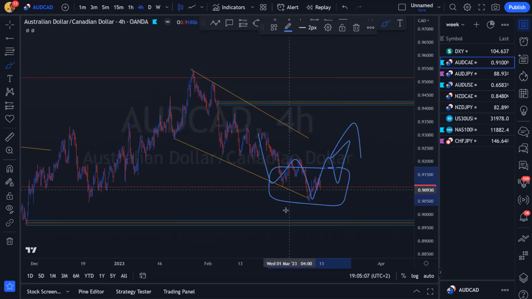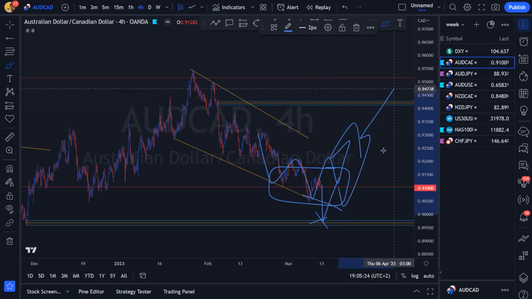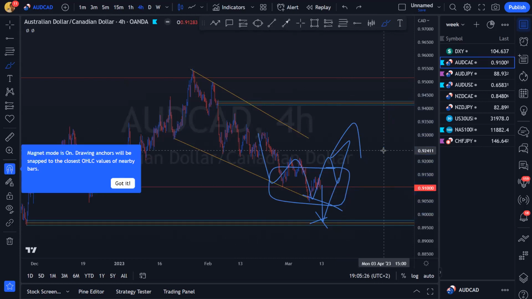We're still inside this corrective structure. Everything is still good. Otherwise, if we do break down, then this is the next POI that we are looking for our long trading opportunities. And from here, we're expecting price action to break back into this descending structure and then hopefully continue to the upside. So in all cases, guys, I'm 100% bullish on AUDCAD.